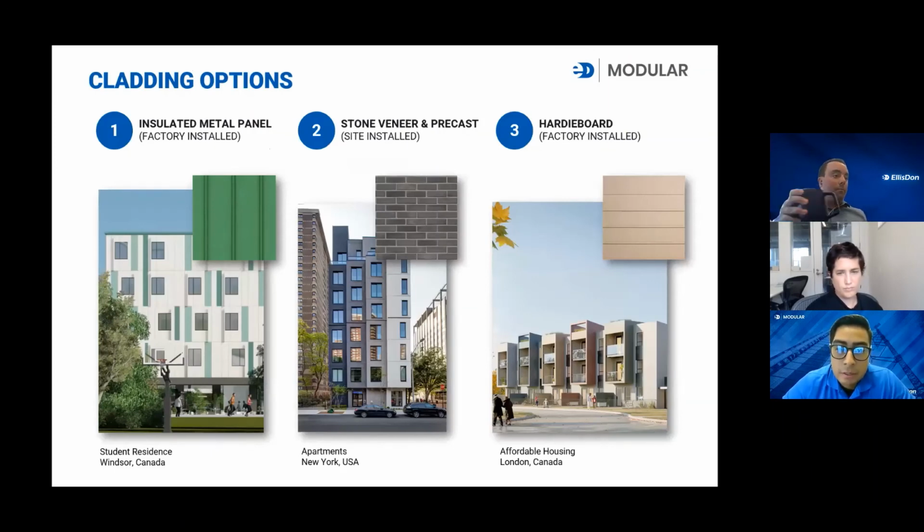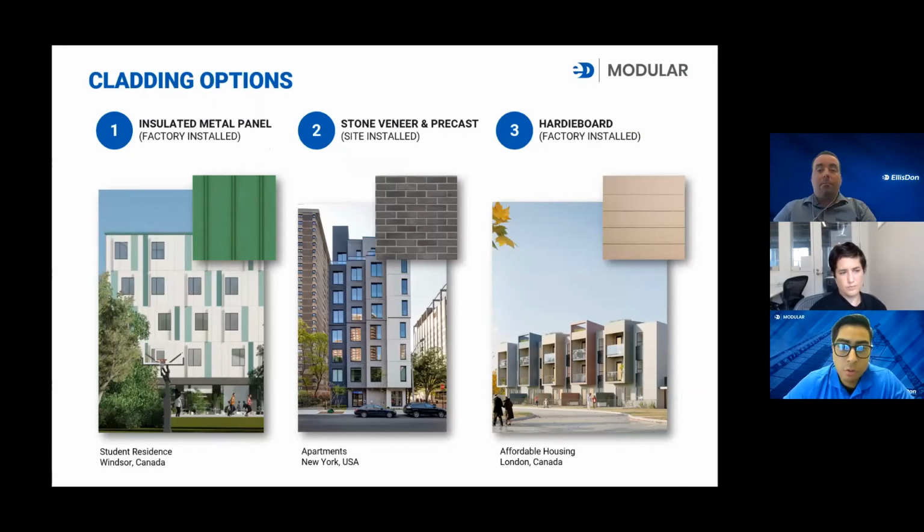So typically, when designers and architects spec out, for example, an exterior cladding, it's no different than a conventional build if you're attaching to, let's say, a poured concrete wall or a CMU block wall. It essentially just gets attached to our structural steel chassis that we've shown before.